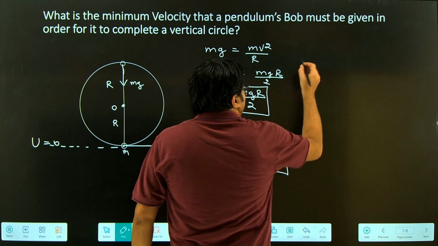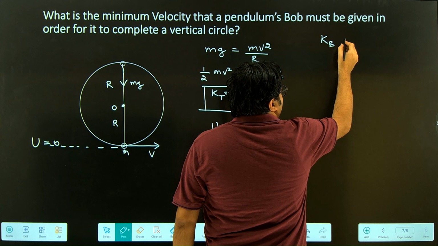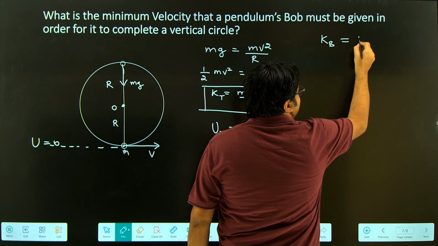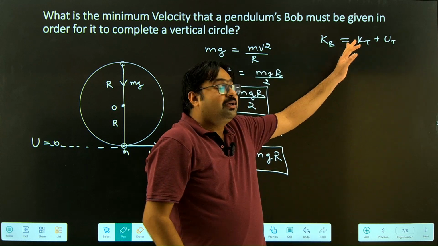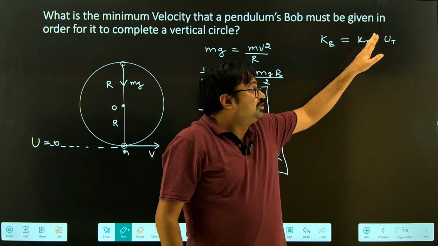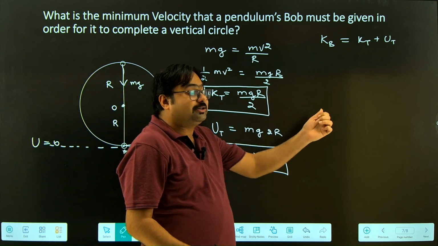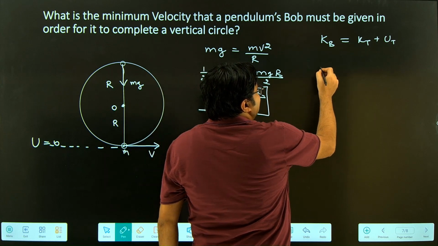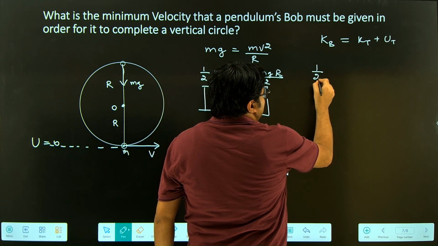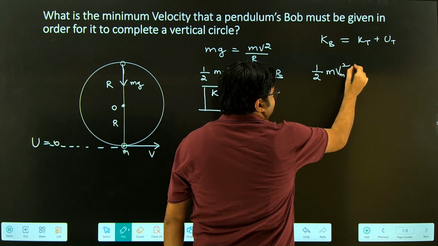So the kinetic energy at the bottom is equal to the kinetic energy at the top plus potential energy at the top, because both of these together become kinetic energy at the bottom, because the potential energy at the bottommost point is anyway 0. Having said that, the kinetic energy at the bottom, let me say, is half mv square, or vm square.